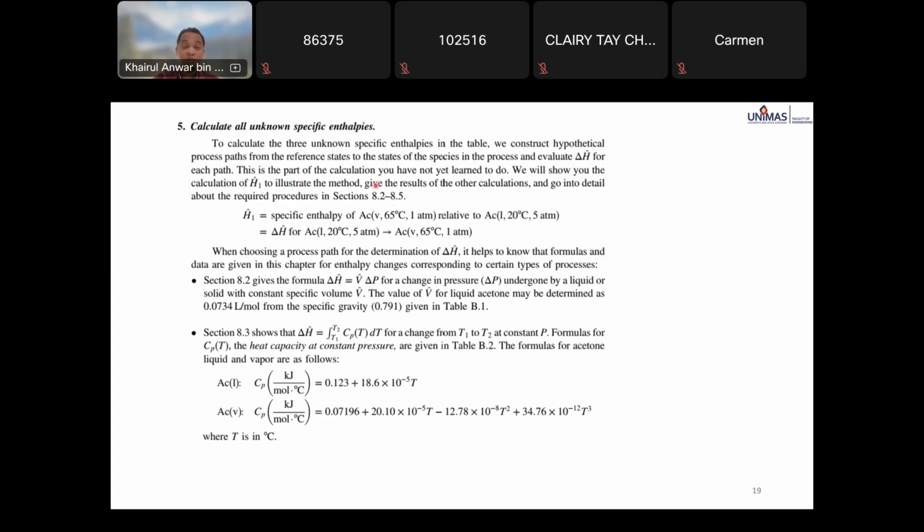We will show you the calculation of H1 to illustrate the method, give the result of the other calculations, and go into detail about the required procedure in sections 8.2 to 8.5. So this is the first one, H1. H1 is the specific enthalpy of acetone vapor.